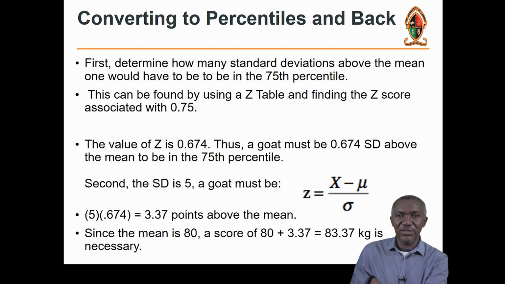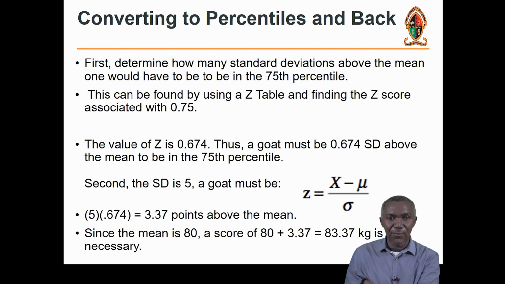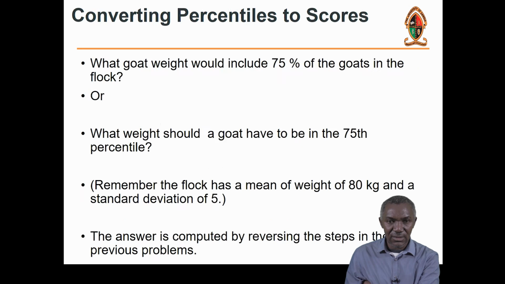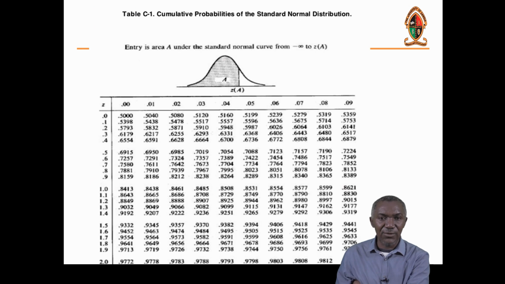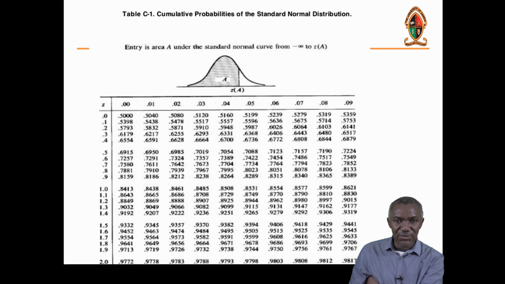I'll go to the table and show you how we get the z-score for the 75% percentile rank, which is 0.674. Maybe let's just go to the table and look for the percentile rank of 75. We are looking for the 75 percentile rank. So we go to the table.